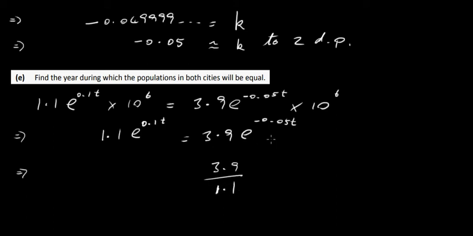Then I'm going to divide across by this number here, so on this side I'll end up with e to the power of 0.1t over e to the power of minus 0.05t.